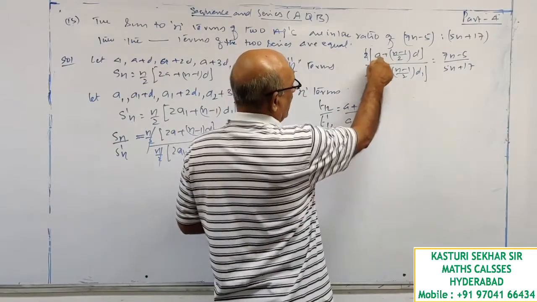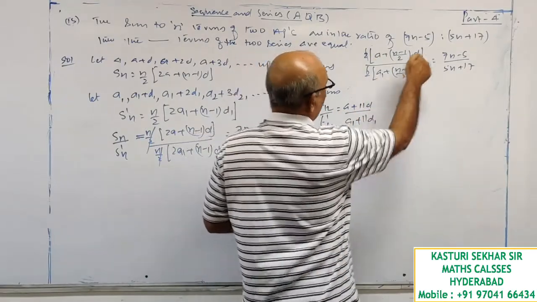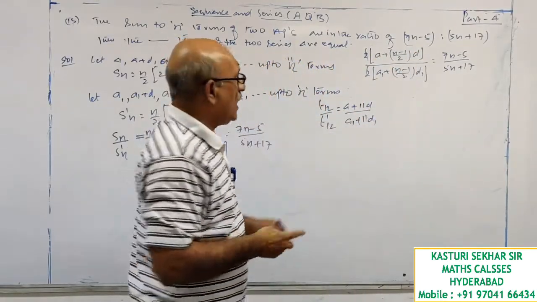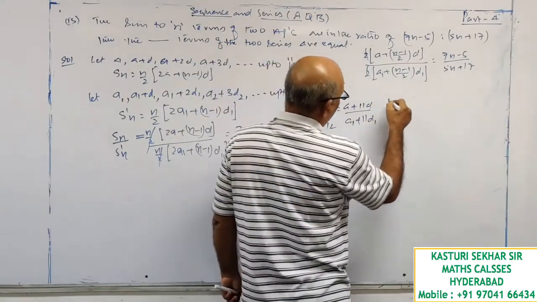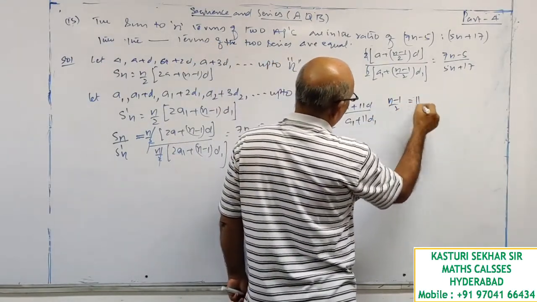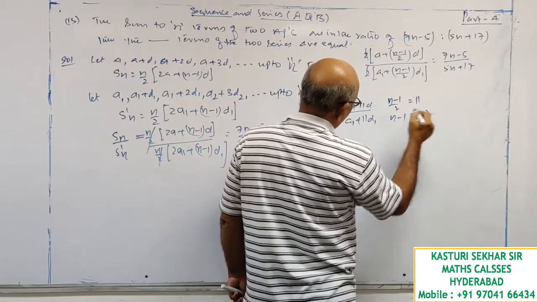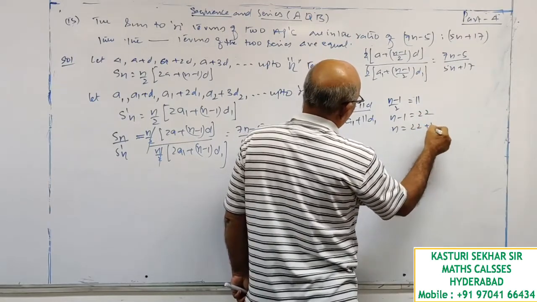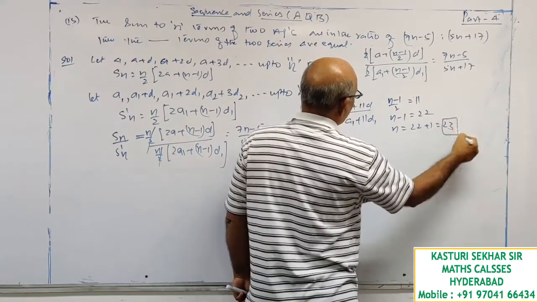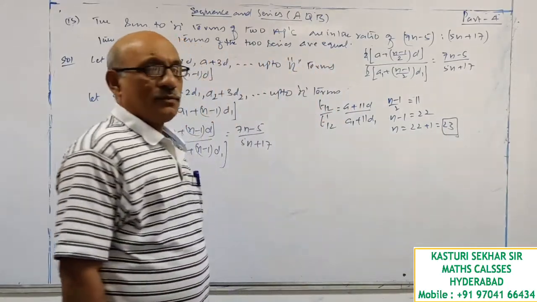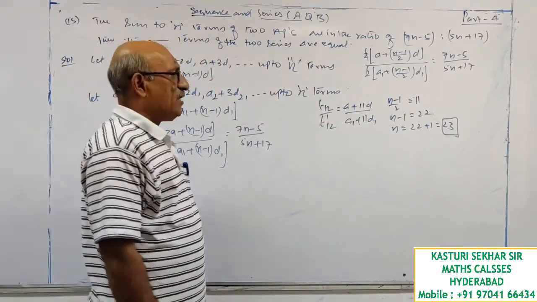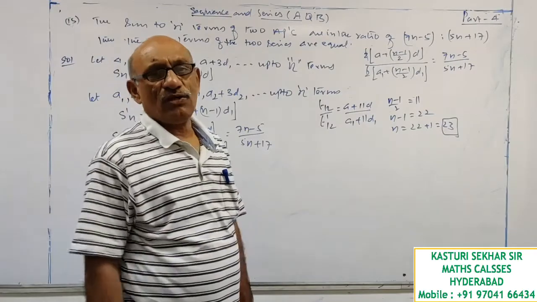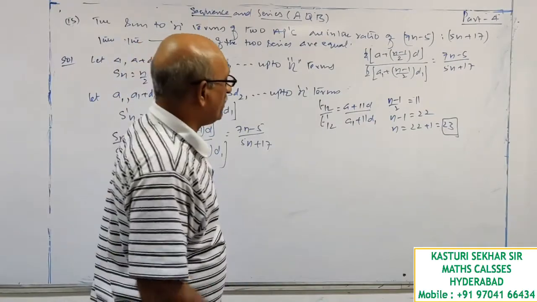In the place of a it is a only, in the place of d it is d only, in the place of n minus 1 by 2 it is 11. So n minus 1 is 22, n is equal to 22 plus 1, 23. That is the reason why I substituted n is equal to 23 in the objective mode concept.